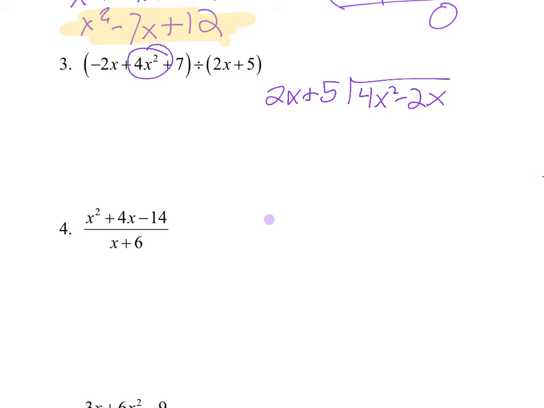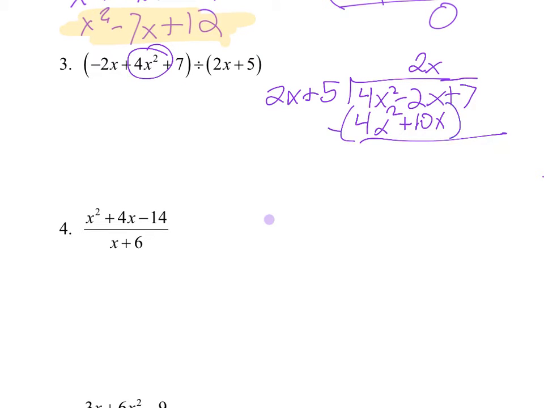And now my constant. Okay. 2x times 2x is going to give me 4x squared. So I have a 2x up here. That makes 4x squared.